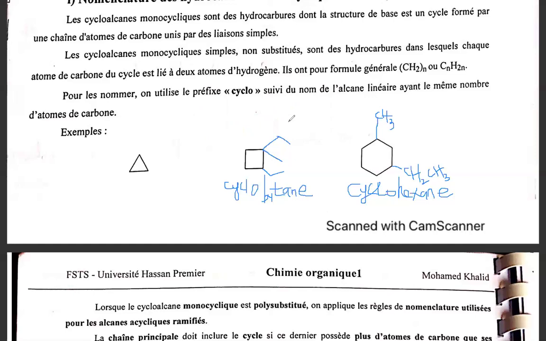That's rule number 1. Now, when you're using the alphabetical order, you also are supposed to look at which carbon atom is mostly substituted. The carbon atom that's most substituted is where you consider your number one.